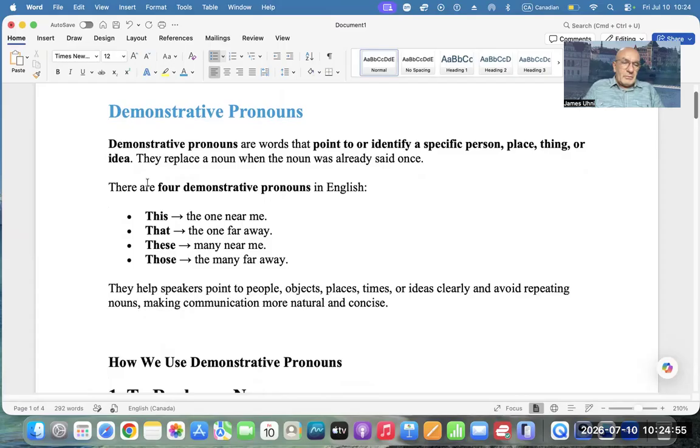Now, demonstrative pronouns, I will copy this one and I will replace they.